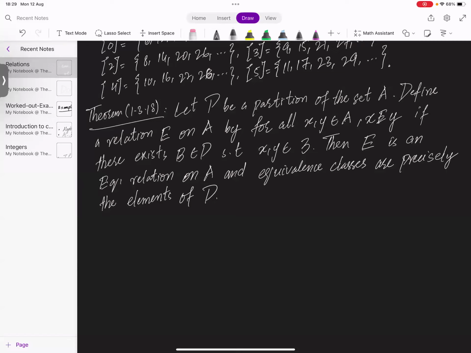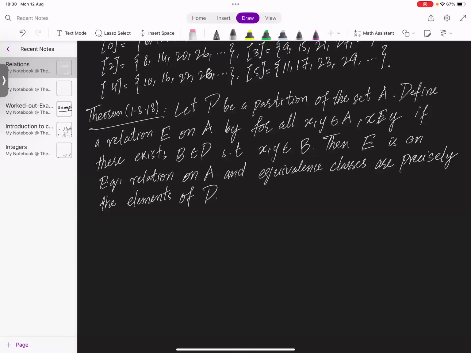We have a partition of the set A. We can define a relation on the set A for all the elements inside A by saying that these elements are related to each other if there exists B inside the partition, the set of all the non-empty subsets of A, such that x, y are contained in B. Then this E is an equivalence relation on A, and the equivalence classes are precisely the elements of the partition.